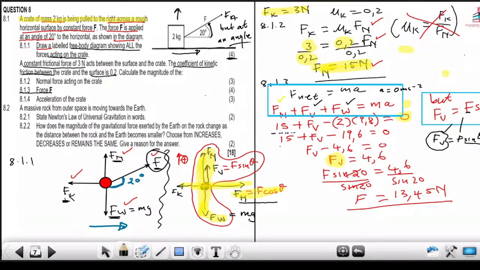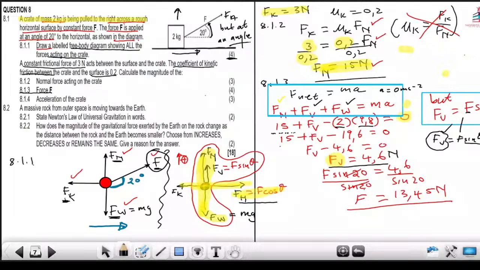Calculate for V. FV is equal to 4.6 newtons. Then use the rule of components to say, I know FV is equal to F sine of theta.